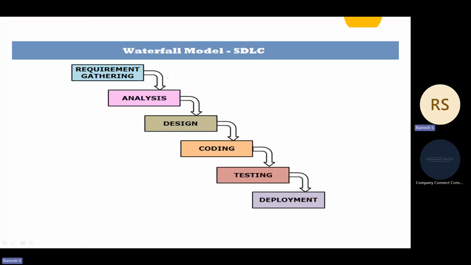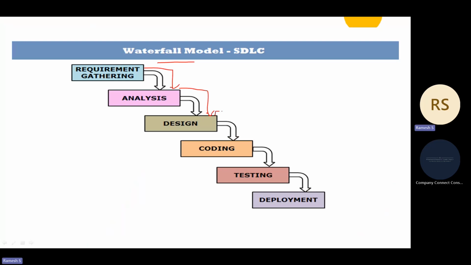So here we will first discuss the waterfall model. In the waterfall model, first we create a URS, or first we gather all the requirements. Once we have collected and finalized the requirements, they will be shared with the vendor. Then the vendor will perform review and analysis. Once the vendor completes the analysis, they will start designing that application or software.